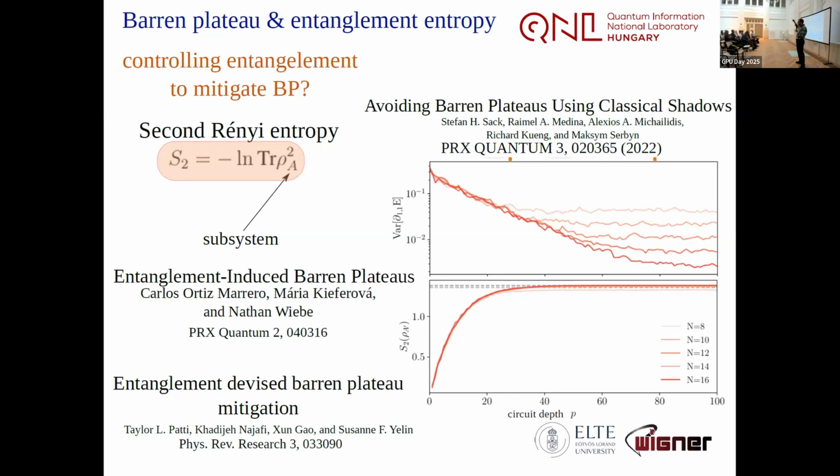So high entanglement entropy means that you are on a Barren plateau with a very high probability. And this is an important thing because by monitoring the entropy, you could practically predict whether you are entering a Barren plateau or not.